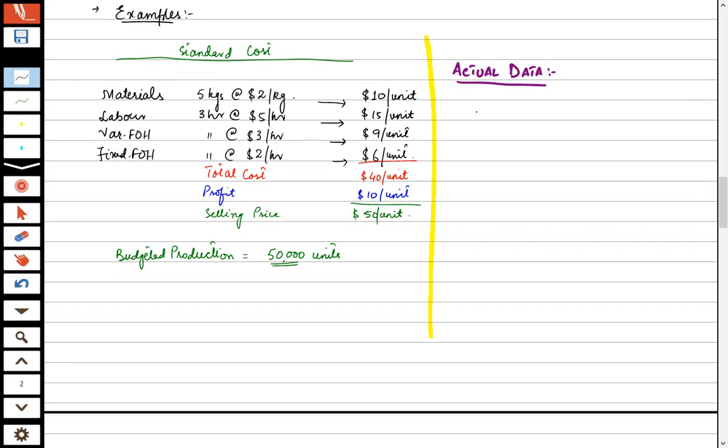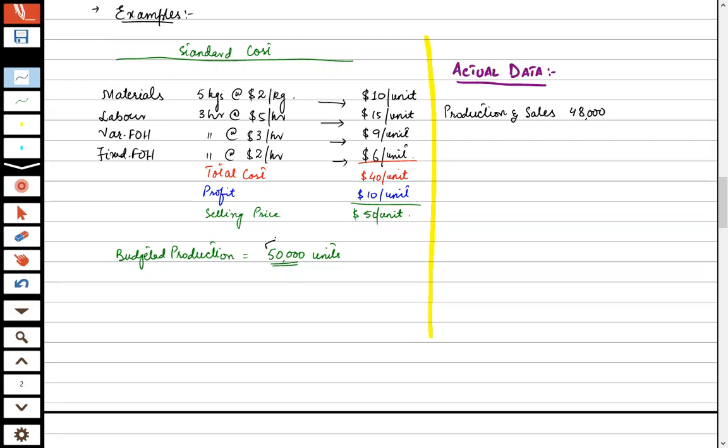All those units which we have produced have been sold. That is production and sales. We have produced 48,000 units as against the budget of 50,000 units.